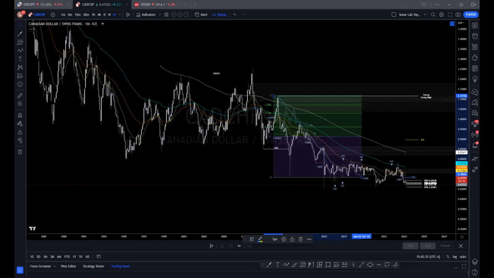And did we get 50%? Right here. Did price come back and bounce 50%? Yes, it did. And that was all money. Okay. Now, history kind of repeats itself.